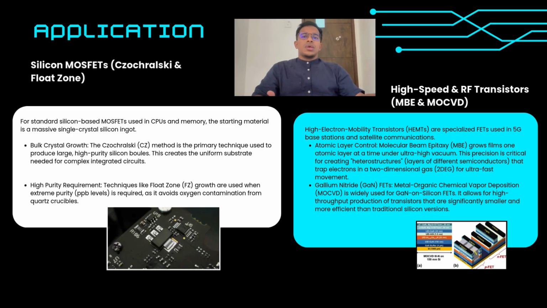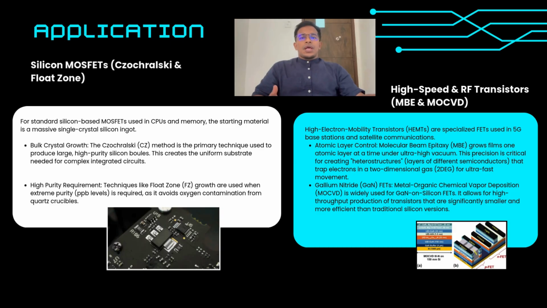To build this, we use molecular beam epitaxy (MBE), which allows us to grow film one atomic layer at a time under ultra-high vacuum. This precision is vital for creating heterostructures, layers of different semiconductors that trap electrons in a two-dimensional gas. This allows for ultra-fast electron movement.